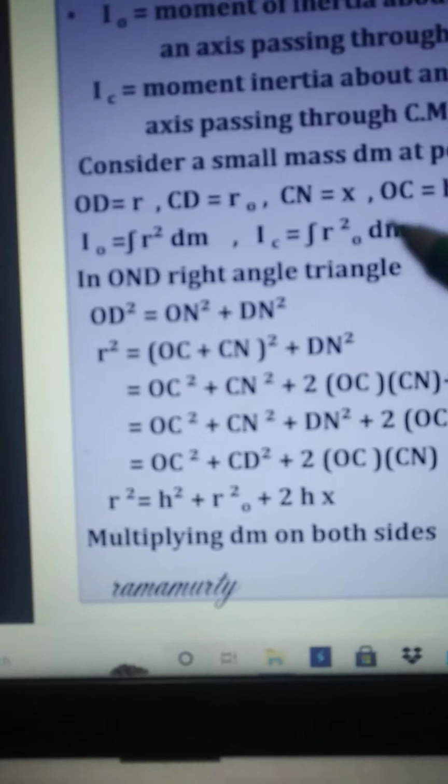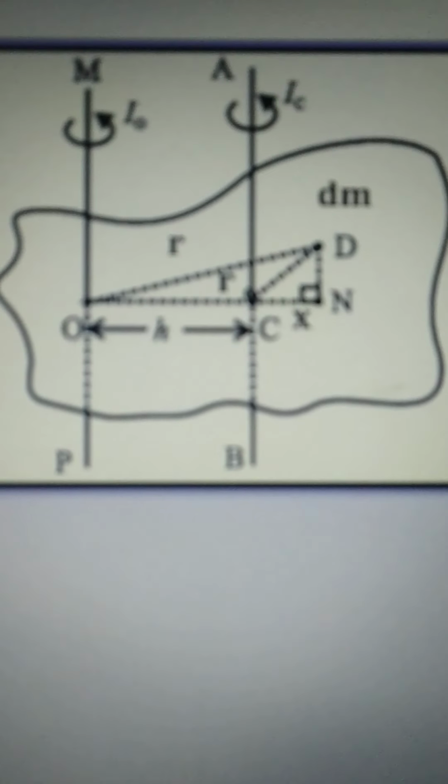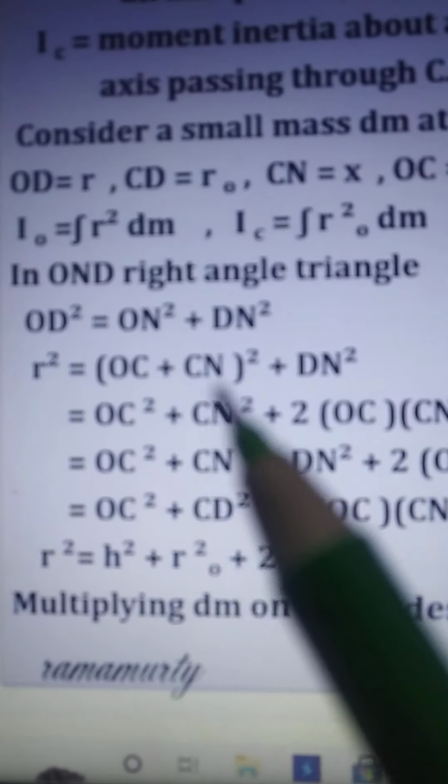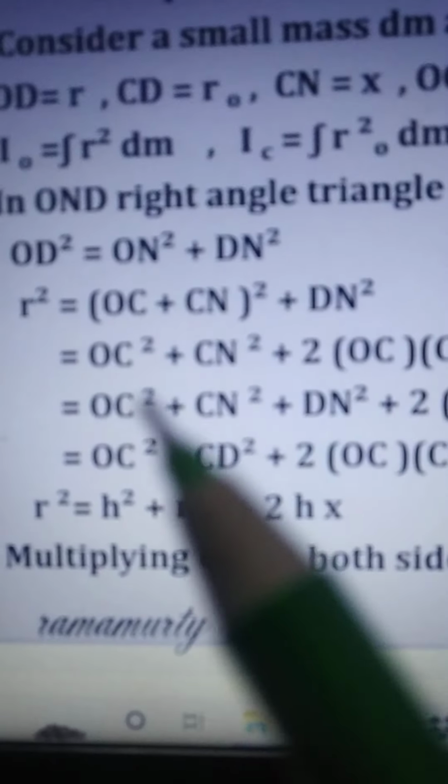ON means OC plus CN, so OC plus CN, whole square, plus DN square. OC means H, so H square. Once again, solving this bracket first and then putting in the values: OC plus CN whole square means OC square plus CN square plus 2 OC CN, plus DN square.